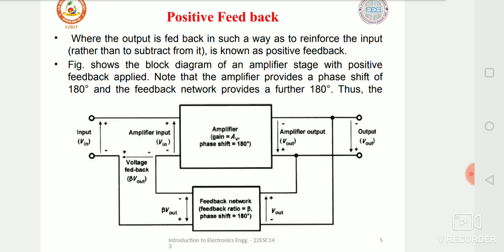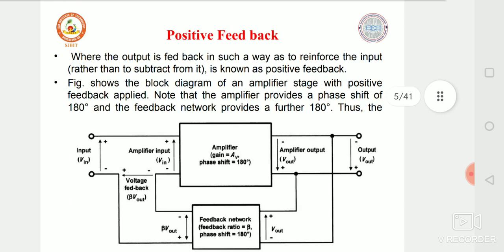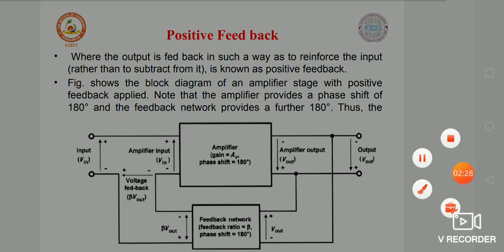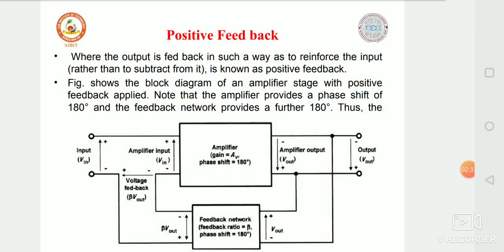First of all, we have to know what a feedback circuit is. Part of the output fed back to the input is known as feedback. There are two types of feedback: positive feedback and negative feedback. Positive feedback is used in the oscillator, and negative feedback is used in an amplifier.